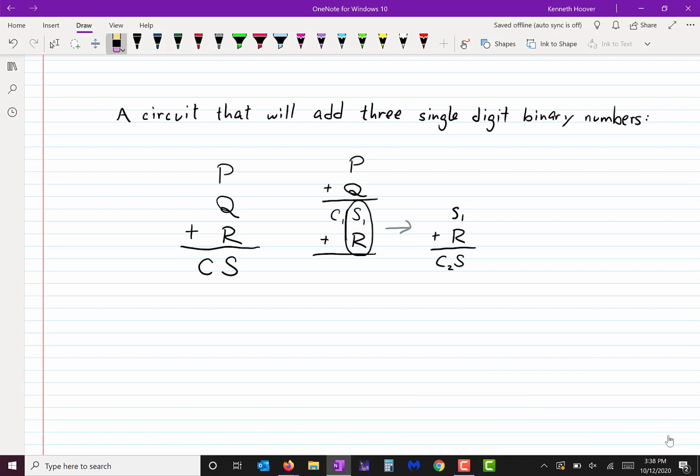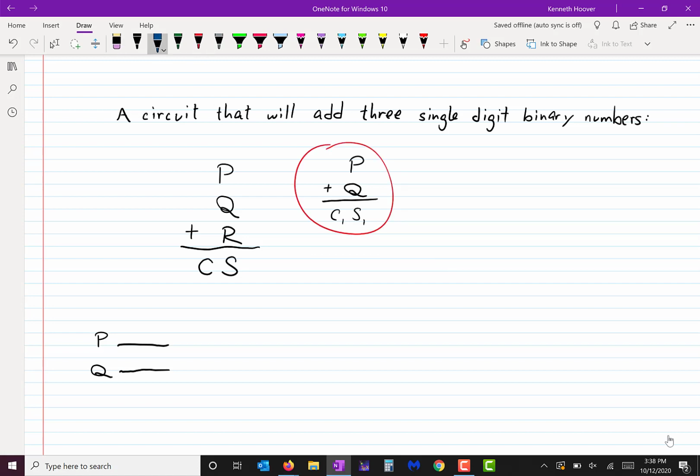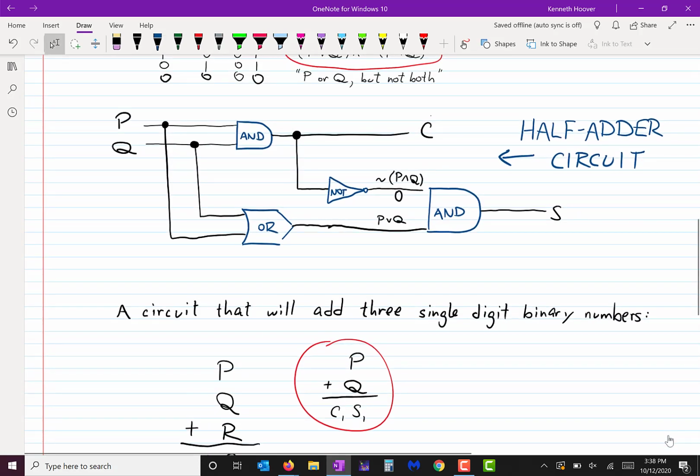So let's write down just what we've done so far. We're not done, but let's write down what we've done so far. You have P and Q, which are 2 single-digit binary numbers. And we want to add those together. So that gets us, let me go back to where we were. Okay, that gets us this far. How do we add 2 single-digit binary numbers? Well, I could copy that whole circuit right there. But I don't need to.